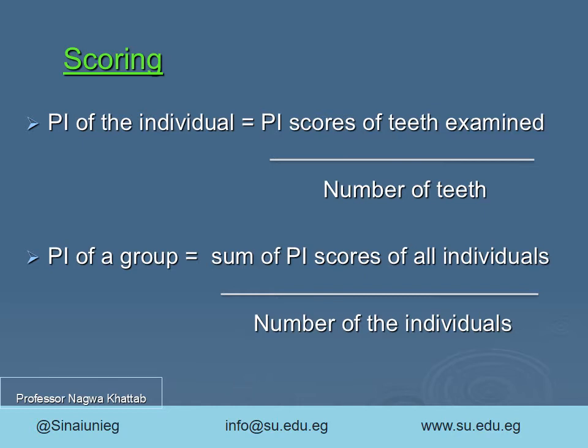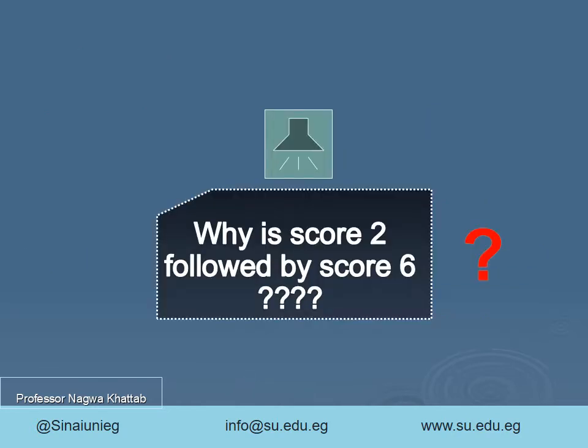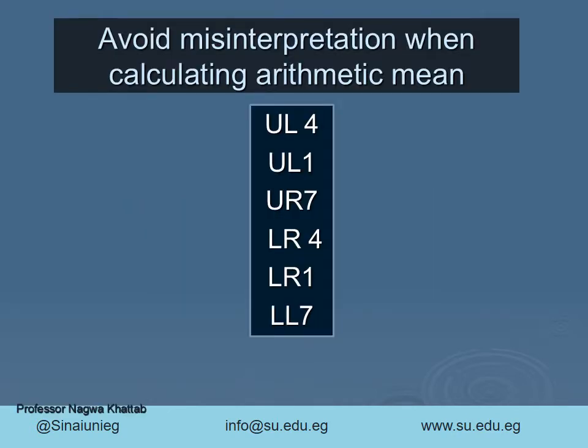Of a group means the sum of the periodontal indices score for all individual divided by their number. ليه بقى الأوثر write 6 after 2 في السكورينج بتاعه وما استخدمش السكورز؟ الإجابة to avoid misinterpretation when calculating arithmetic mean. لما أجي أحسب المين ما يدينيش misleading interpretation. معناها إيه الكلام ده؟ هنطبق على example.